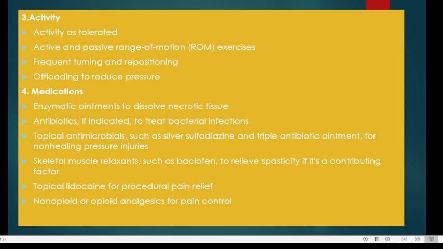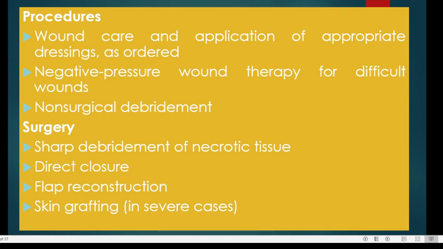Okay, spasms. The physician can also prescribe topical lidocaine for procedural pain relief. And lastly, a physician can also prescribe a non-opioid or opioid analgesic to control pain. Okay? Great. What are the procedures that these patients are likely to be subjected to, or that the nurse is likely to be engaged in?